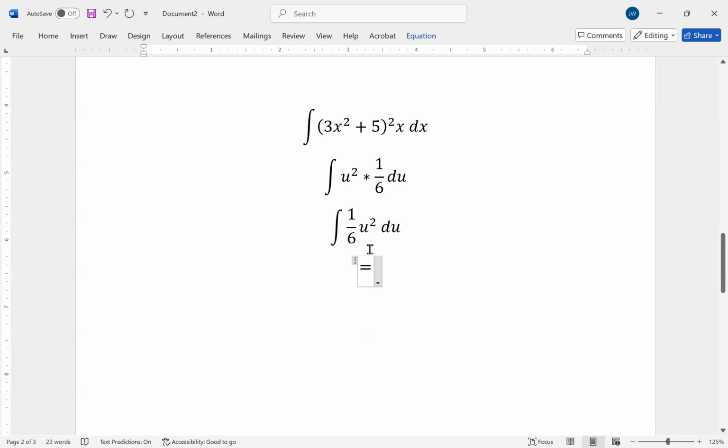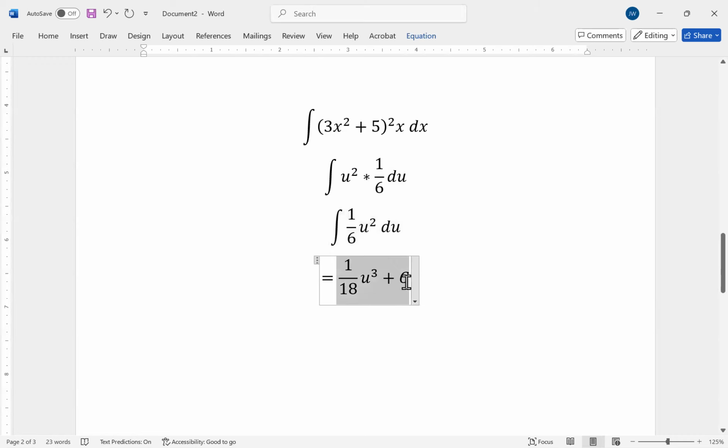This is an integration using basic rules. So raise the exponent by 1, divide by the new exponent. We're going to get 1/18 u to the third plus c when I integrate. Again, the du goes away because we're integrating.